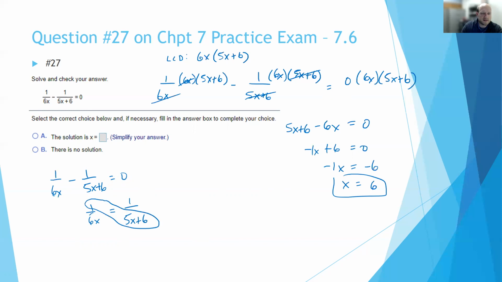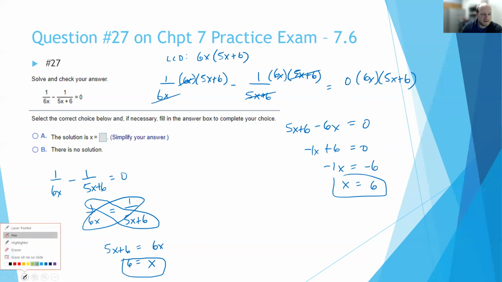So I can multiply these, multiply these. So really I have 5x plus 6 equal to 6x. Subtract the 5x on both sides. 6x minus the 5x is x. And look at that, I have x equals 6. So that's really the faster, quicker way, I would say, of doing that one versus all of this LCD method here.